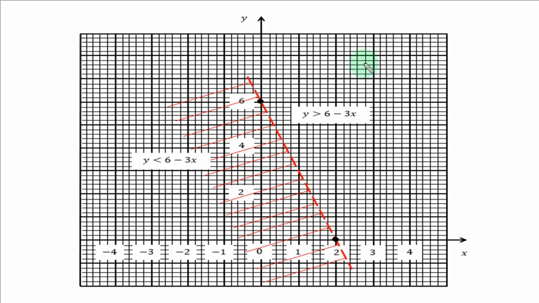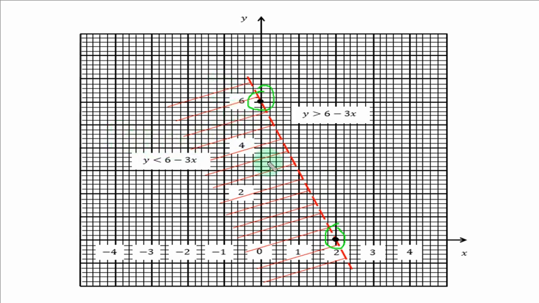This graph is very simple because we have just 2 points. When s equal to 0, y is equal to 6, and when y equal to 0, s is equal to 2. And you use a broken line because the given symbol is strictly less than.